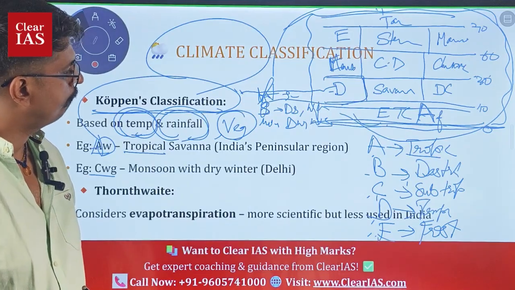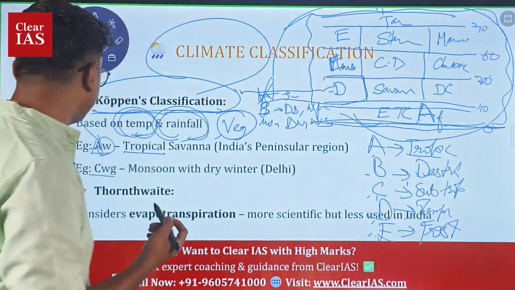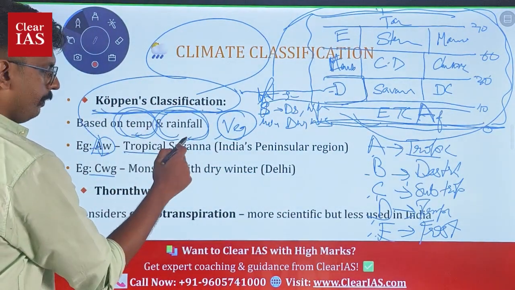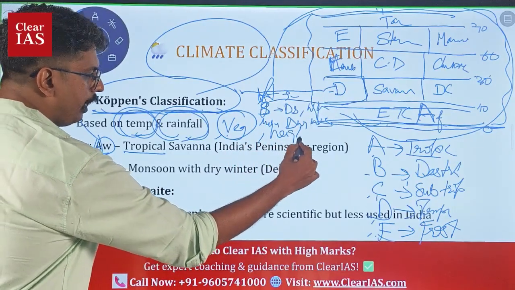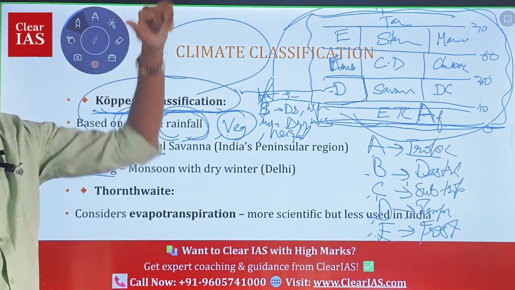So you can just write down Köppen's classification. It was based on temperature, rainfall, and vegetation. And then he added another factor called height. According to height also the climate changes.